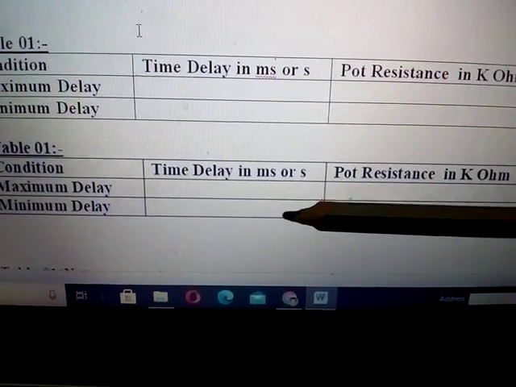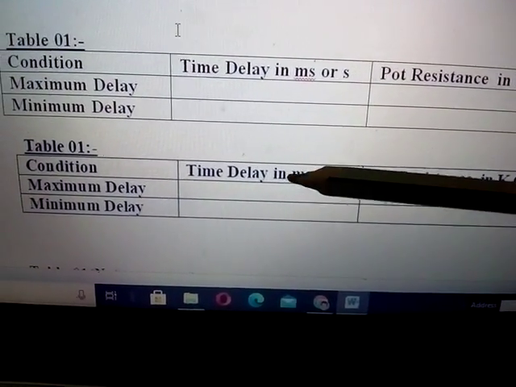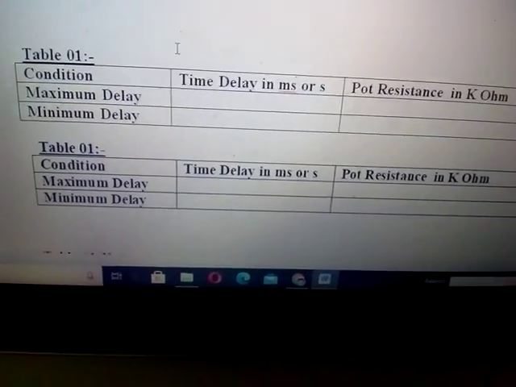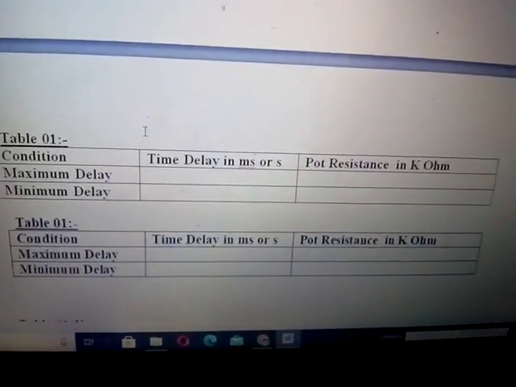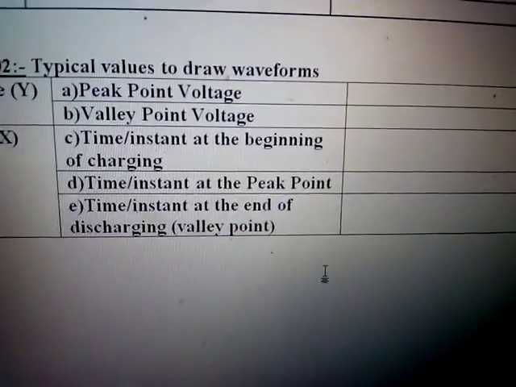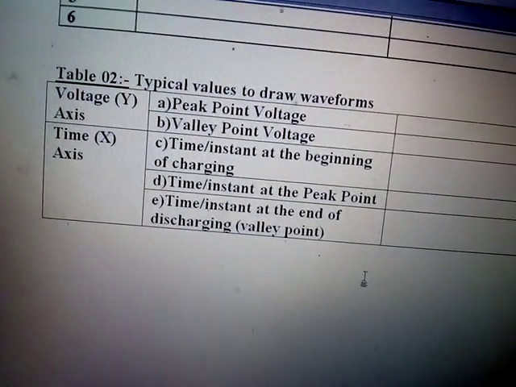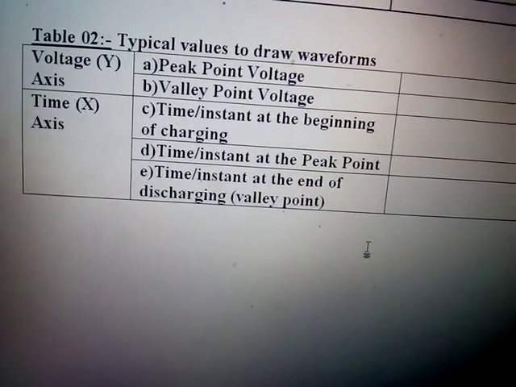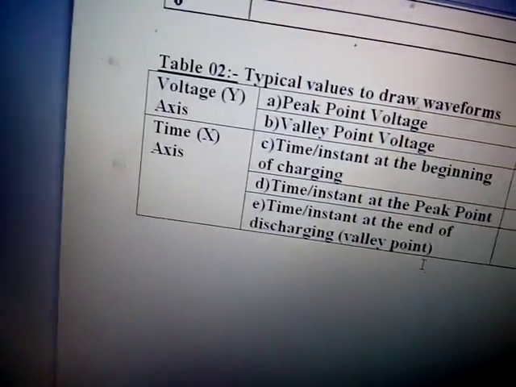Then maximum delay, minimum delay. Okay, these are same. Next, table 2, you have peak voltage and valley voltage.